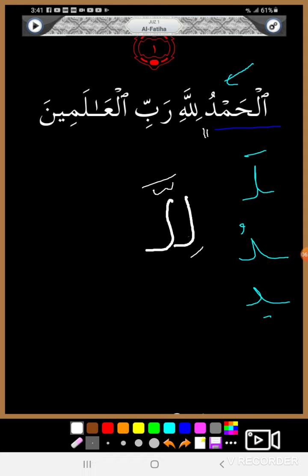But in the Quran, it does not work that way. If we have the horizontal three, you should say lillah. So when you read it, you don't say alhamdulila. You say alhamdulillah. And you see the last letter is like this and has this, so it's going to be he.